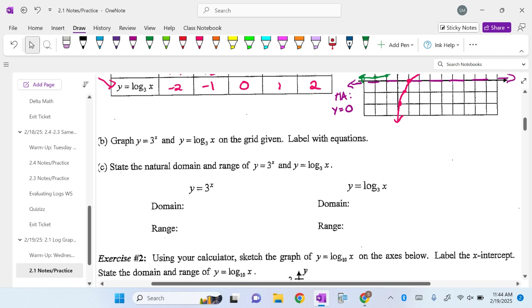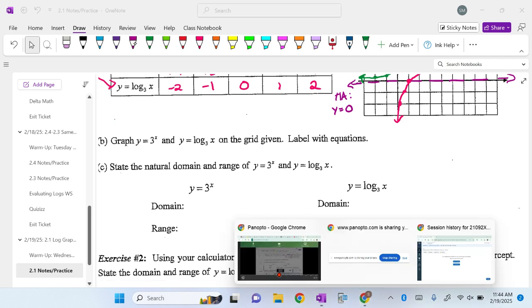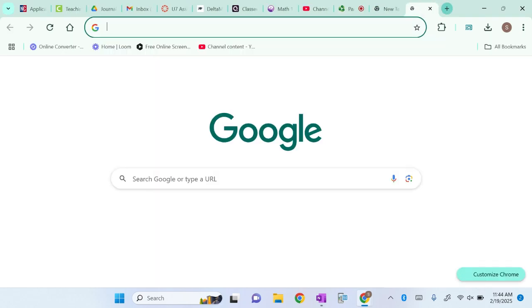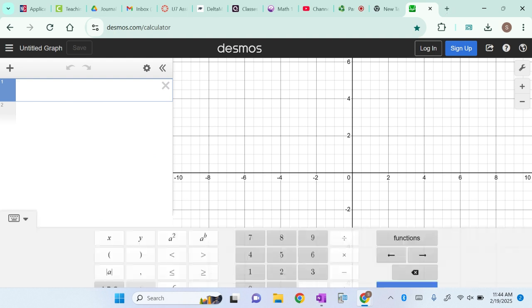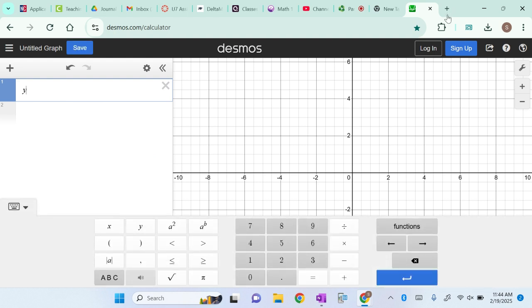All right. So for this, since the graph's kind of hard to look at when you draw it, we're going to look at the Desmos version of it. So in Desmos, I'm going to graph y equals 3 raised to the x power.